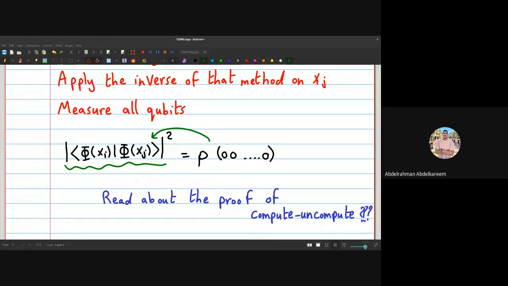I don't actually understand the question. So you're saying we can use the Grover algorithm besides or with the uncompute method? Yes. So what's the motivation behind this integration between these two?